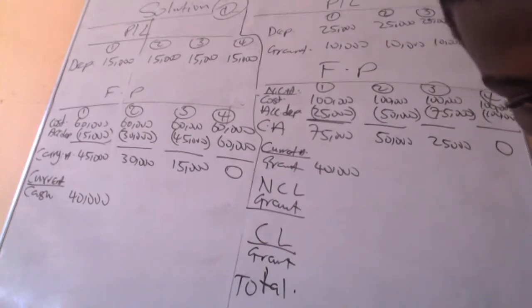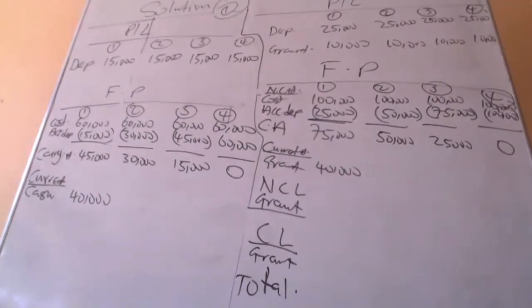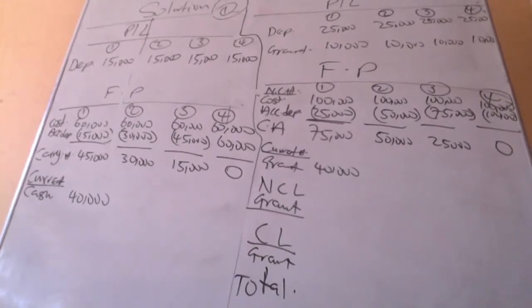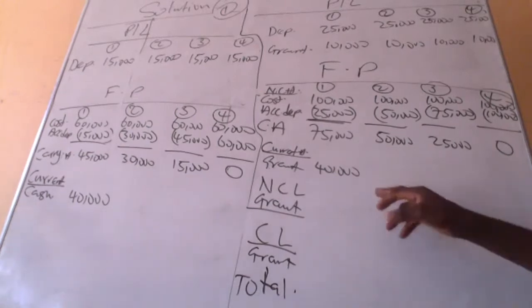Let me see the question. The entire grant is 40,000. Good. The entire grant is 40,000.